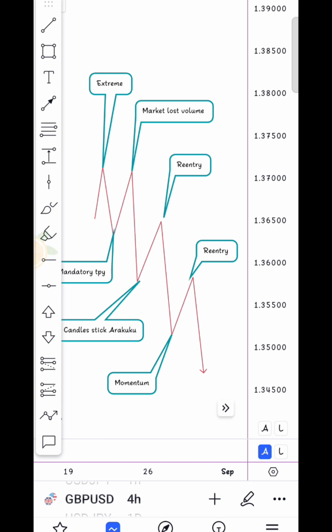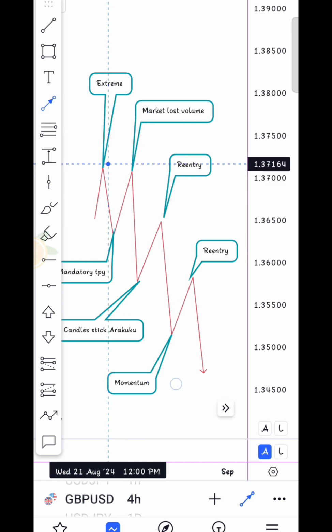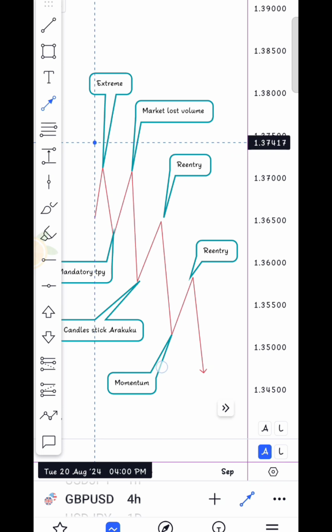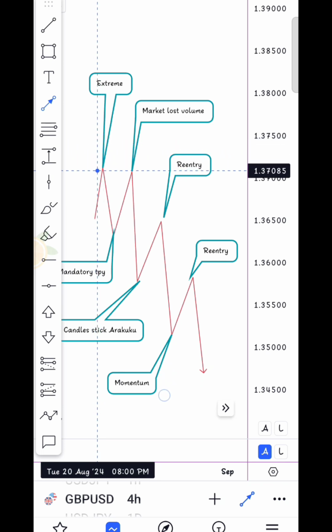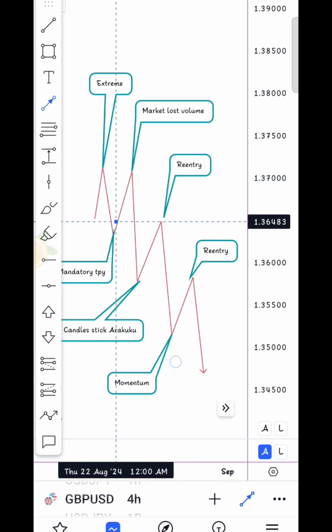Okay, are we together? So in short, this one is the extreme. And you remember the definition of extreme, we said it is where price moves out of the Bollinger Band. I hope you remember that. Then price will come to the mandatory TP.